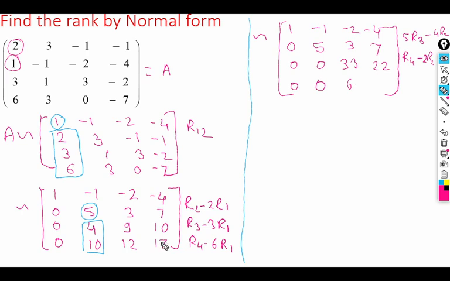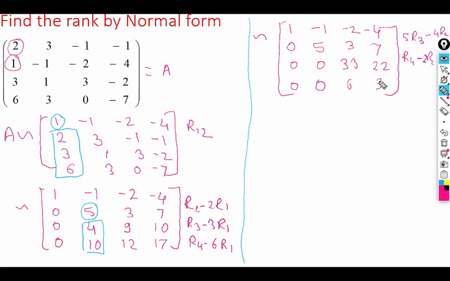And here 17 minus 14. So that is a 3. See, check the calculation. If you've done one wrong calculation, everything will go wrong there.